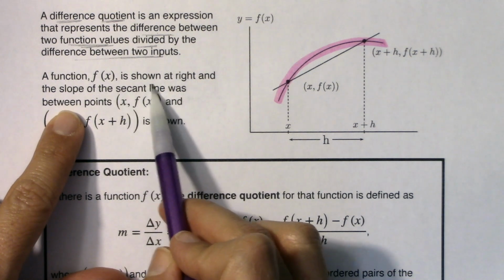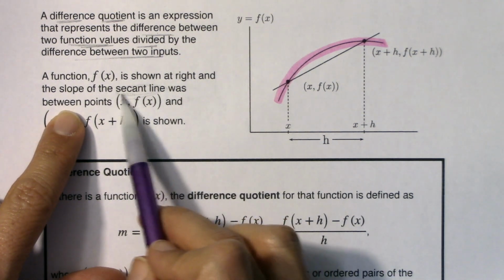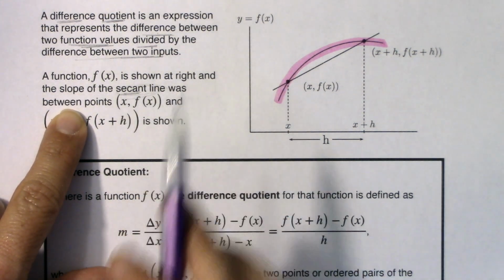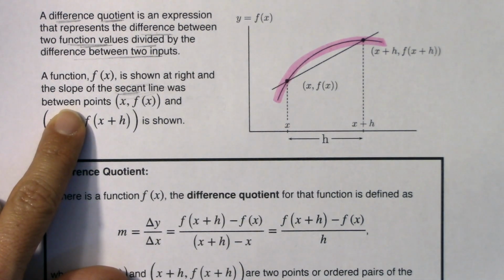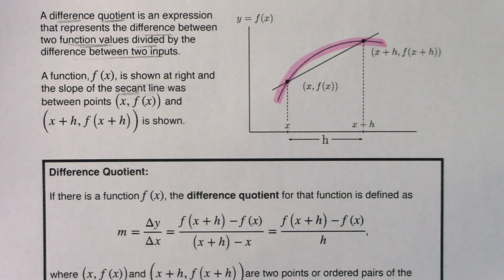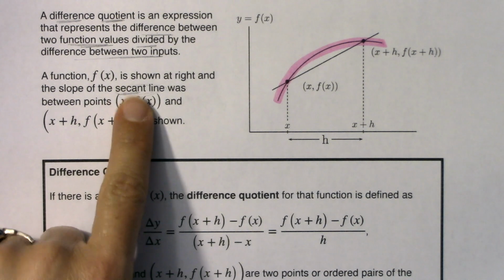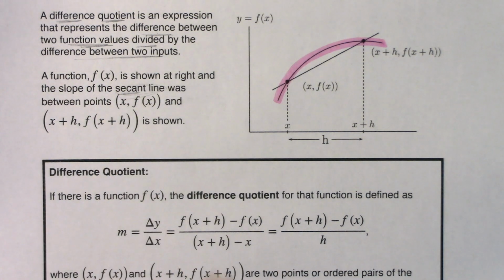Now, whenever you hear secant line, it basically means a line between two points on the graph. When you get to calculus, you're going to hear about slopes of tangent lines, which is a line at one point, versus a secant line, which is a slope between two points.